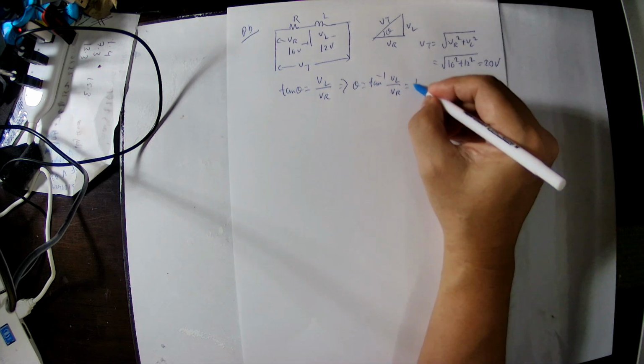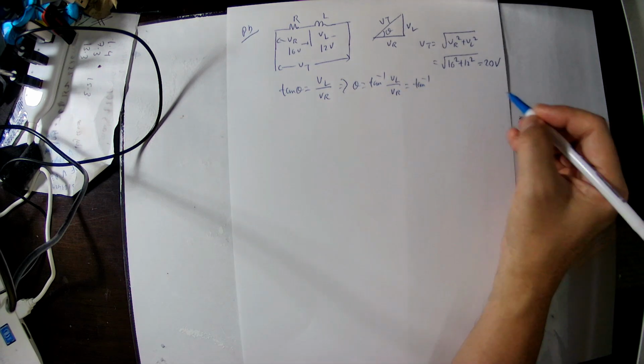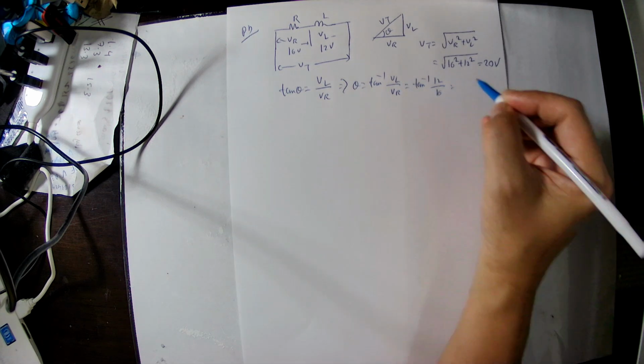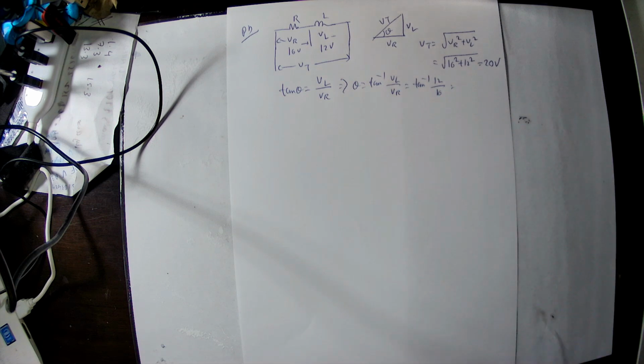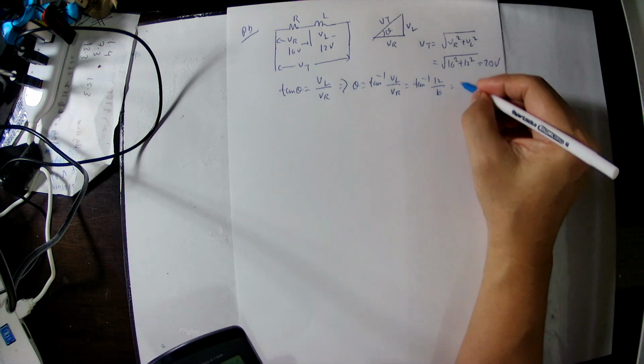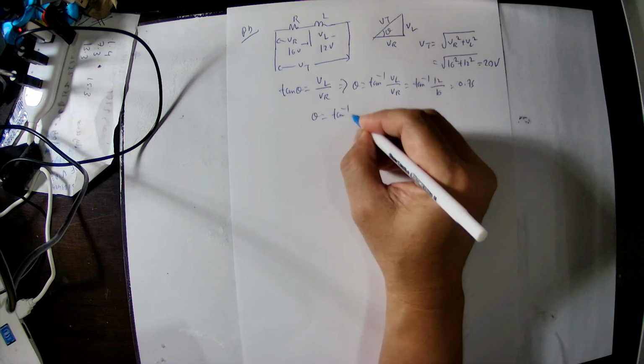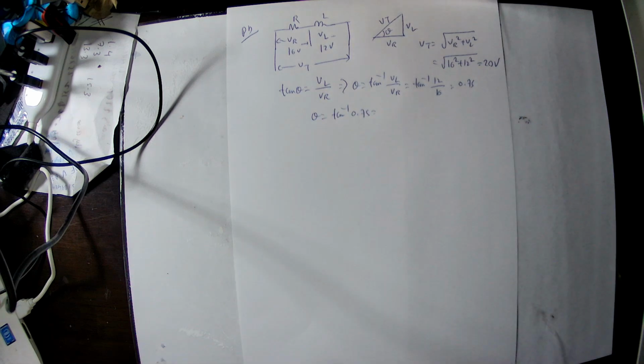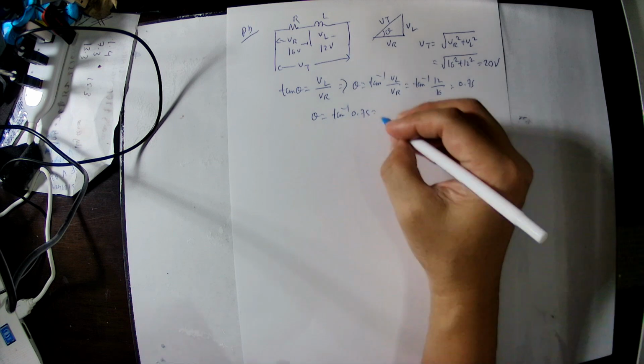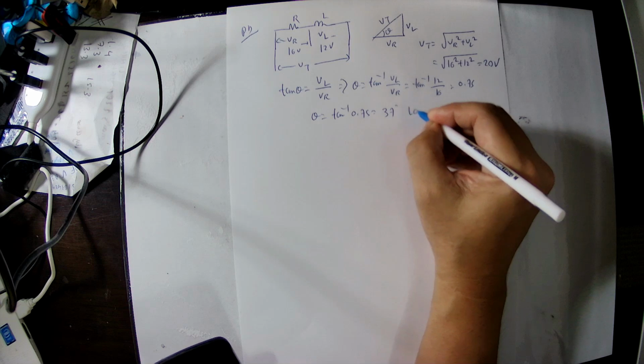VL is given as 12 volt, so 12 divided by 16, we got 0.75. Then theta can be calculated: tangent inverse 0.75, so this is 36.87 degree lagging.